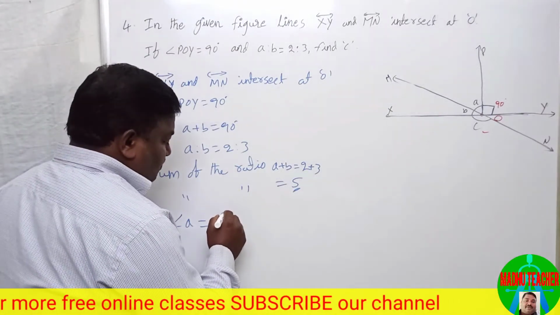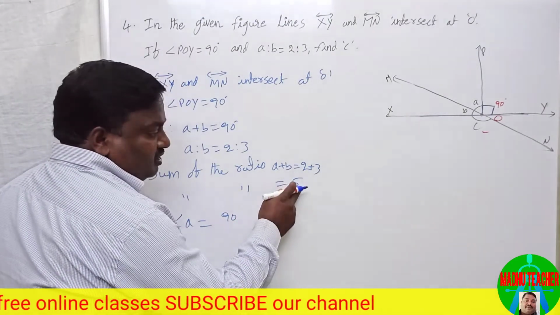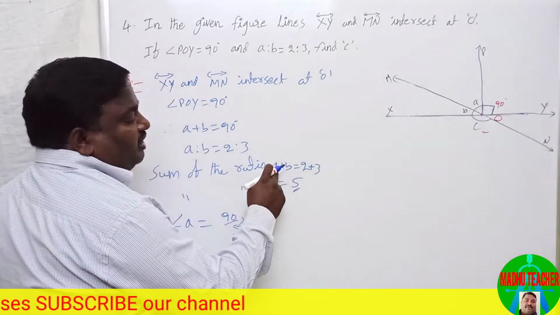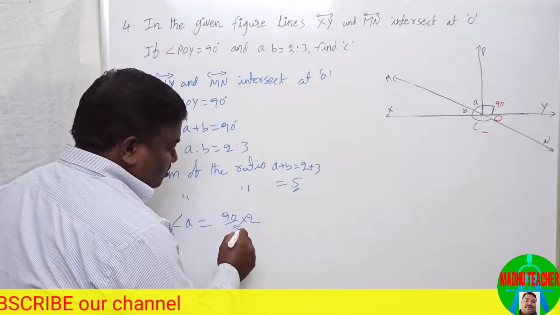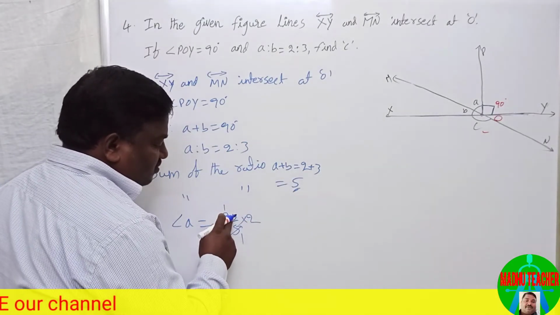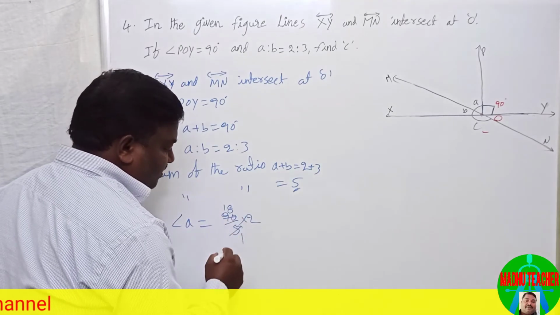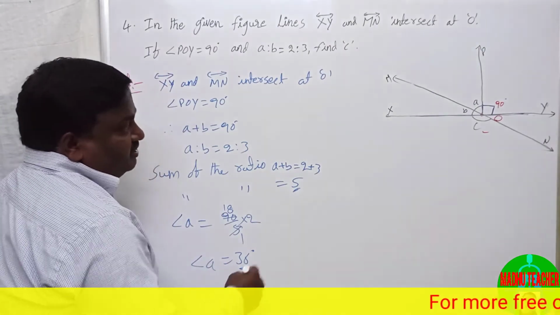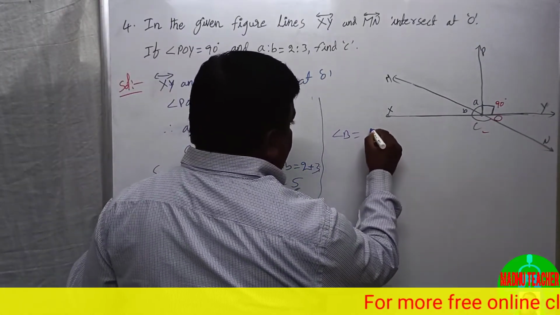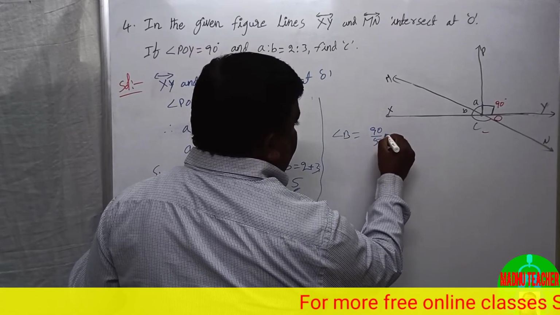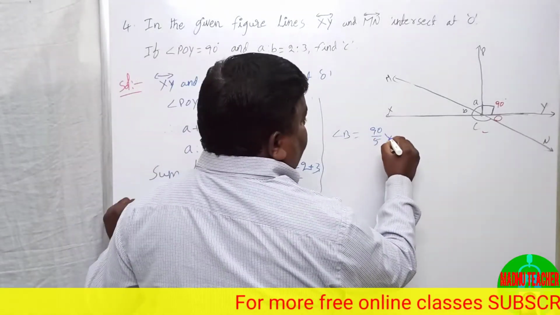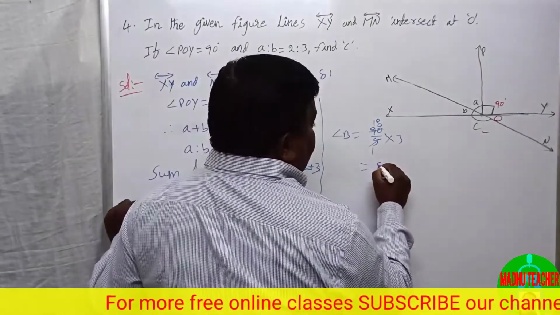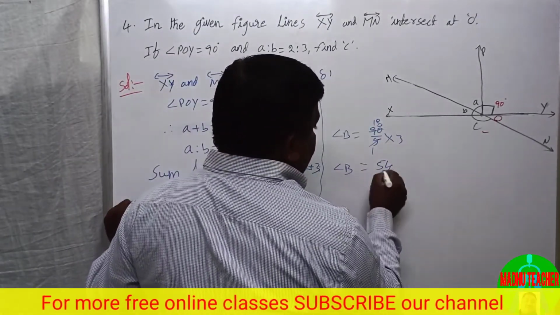Total value is 90, divided into 5 parts, and A is 2 parts. 5 ones are 5, 4 remainder, 5 eights are 40, 18 twos are 36 degrees. So angle A equals 36. Angle B equals 90 by 5 into 3. 5 ones are 5, 5 eighteens are 90, so that is 18 threes are 54. Angle B equals 54.